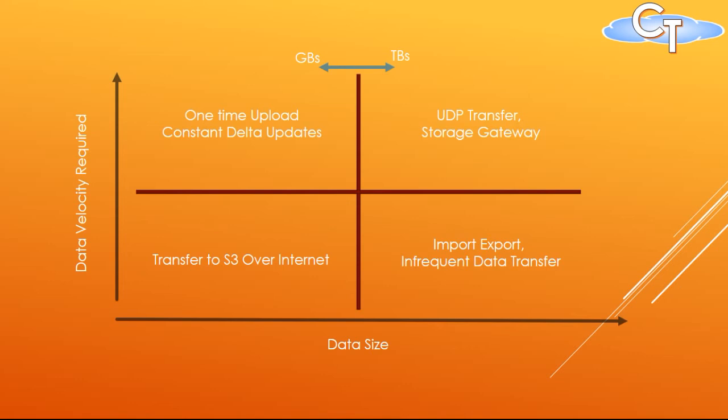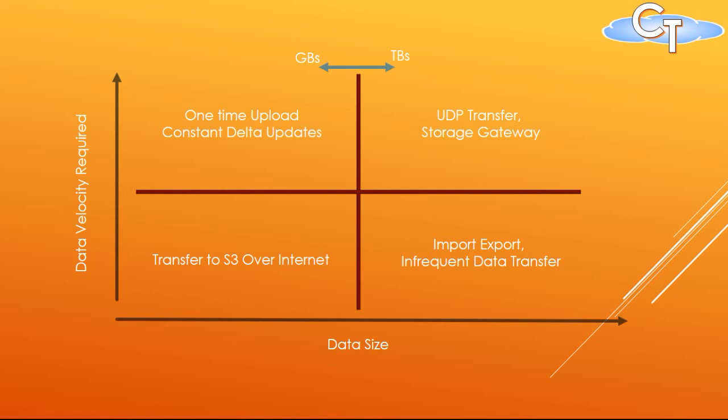Similarly, if we move a little ahead to the lower bracket, where the customer has a data size in TBs or even petabytes, and again the data is not changing too fast, the customer can look at services like Import/Export or Snowball, where the customer can copy the data to the snowball or the external disk which he has, and then ship that disk or snowball to AWS so that the data can be uploaded into S3.